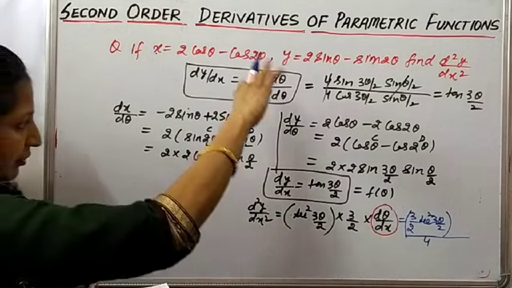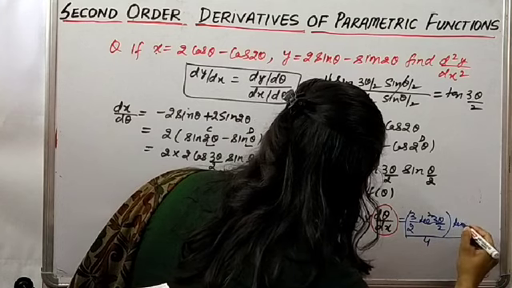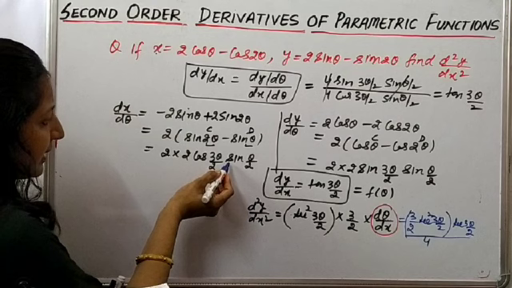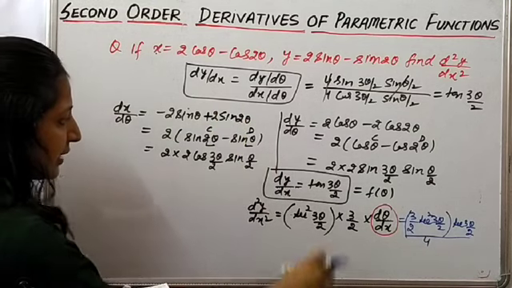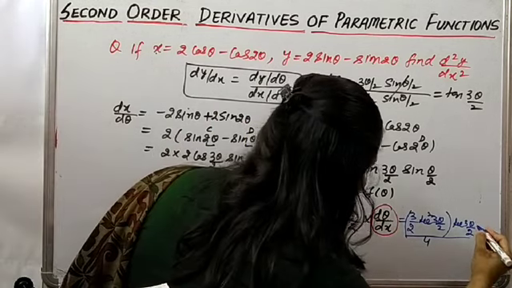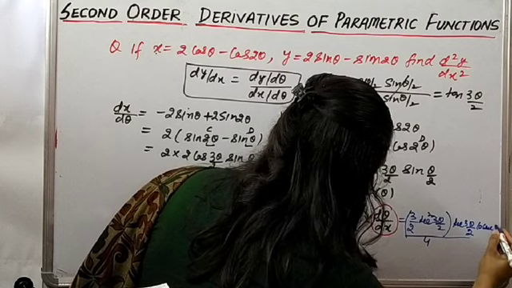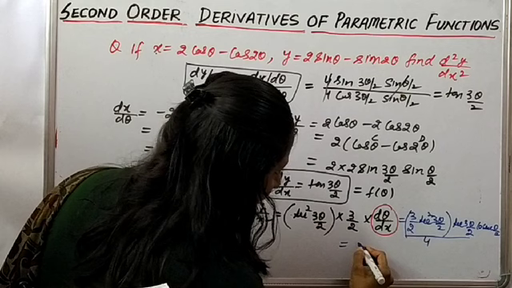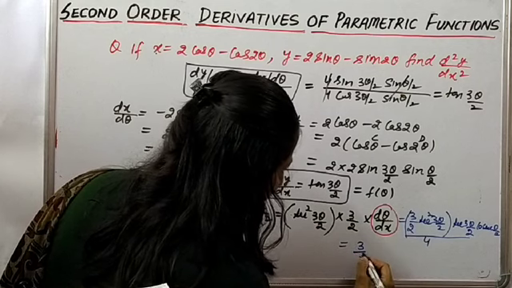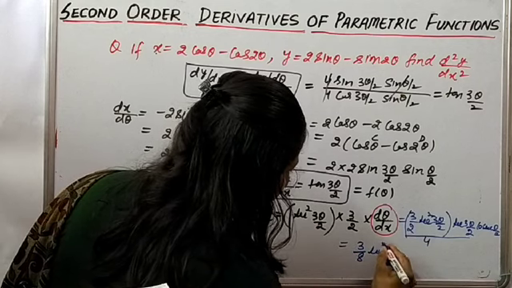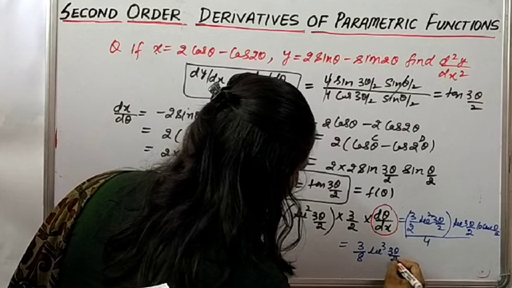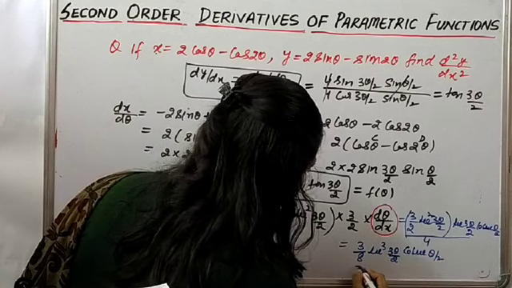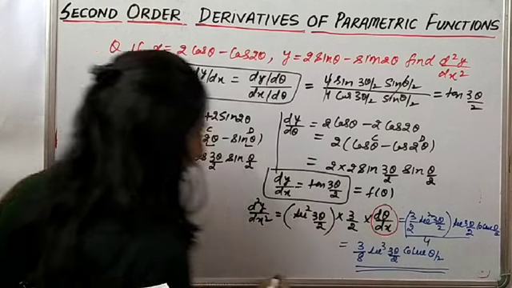So it will be secant 3 theta by 2, and with sin theta by 2 it will be cosecant theta by 2. So finally our answer will be 3 by 8 secant cube 3 theta by 2 into cosecant theta by 2. Right, students?